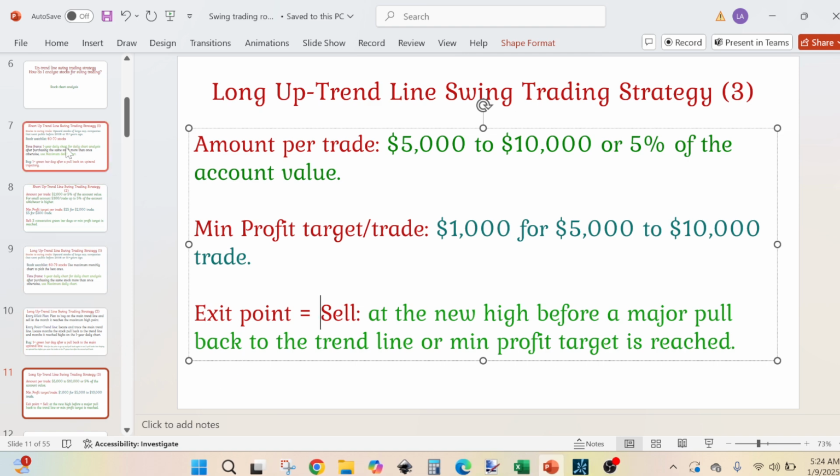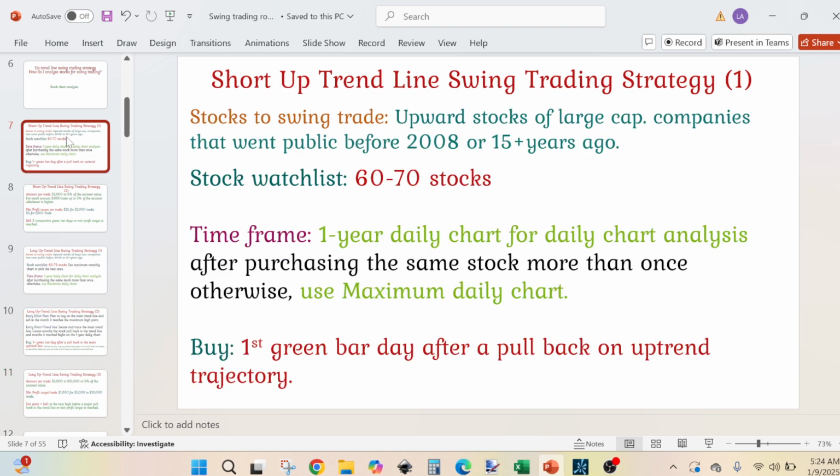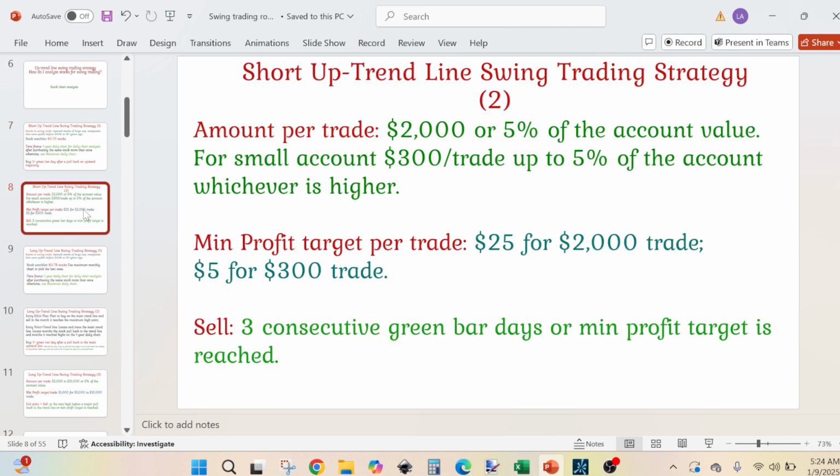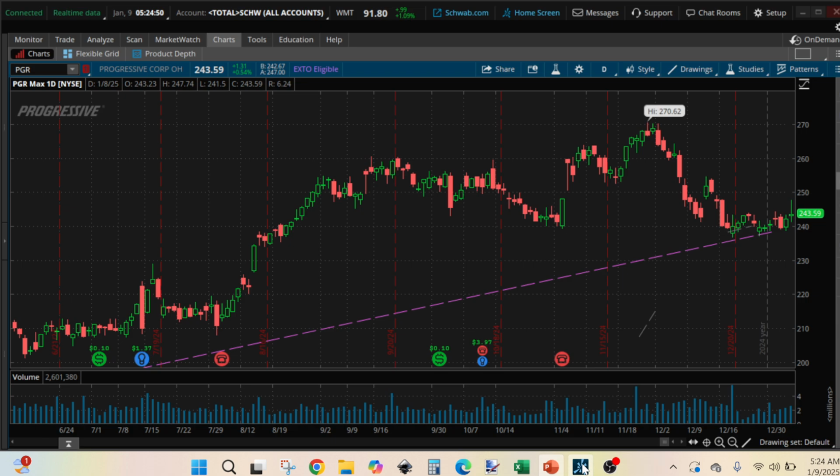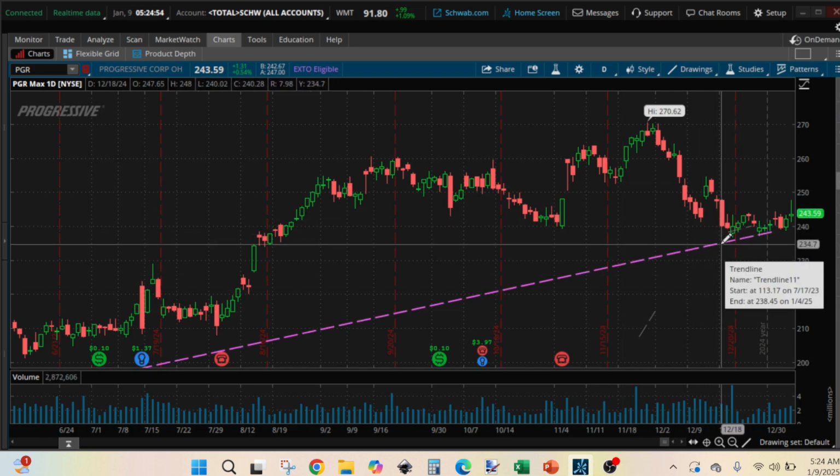But again, last year we used a short trend line swing trading strategy, and we purchased and sold within 3 days or so. If everything is going well and the price is going up, we buy and sell on the same side of the swing. But for the long trend line swing trading strategy, the strategy is going to be different on how we enter and how we exit.